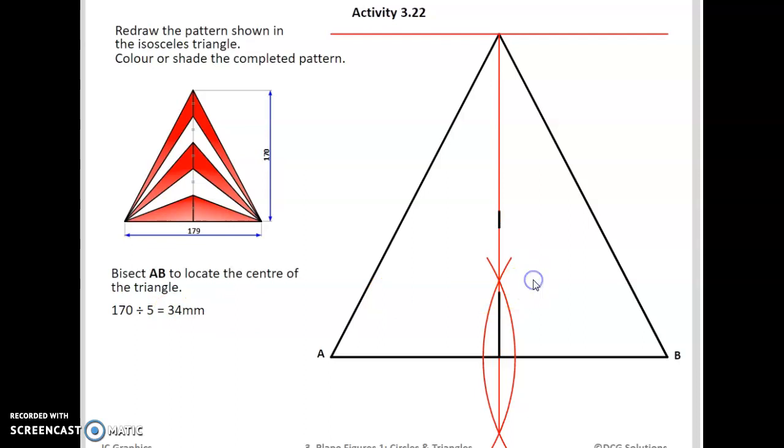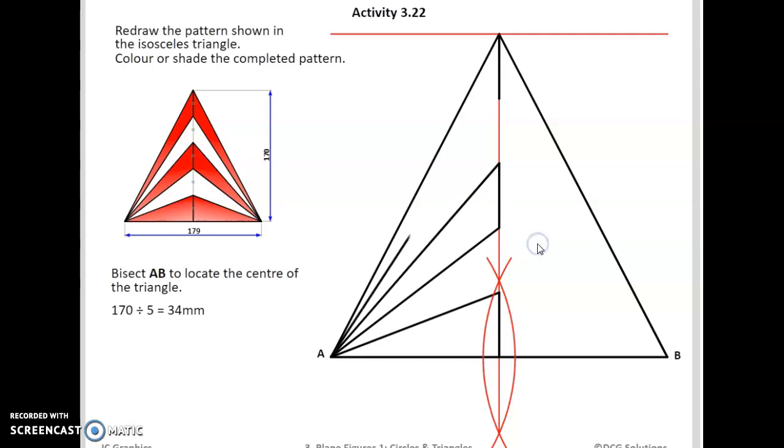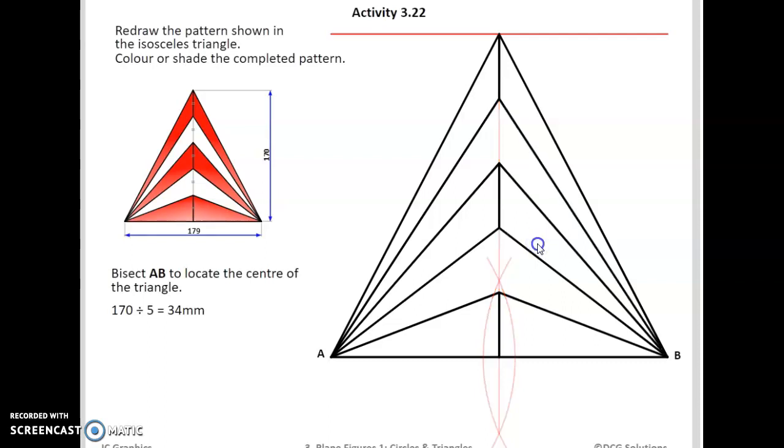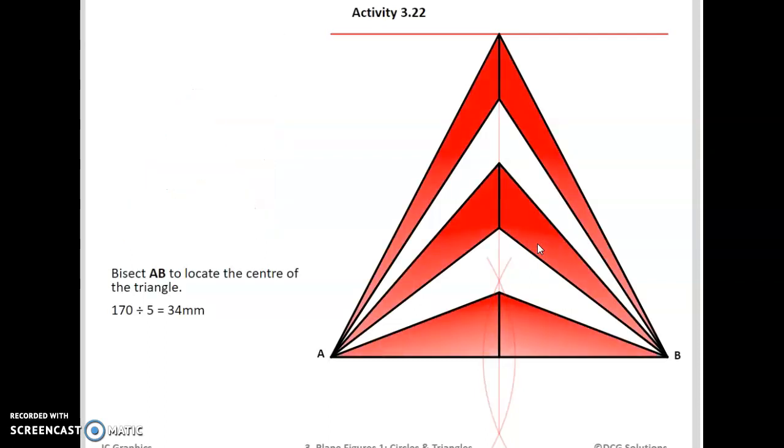So we mark up 34: 34 here, 34 there, 34 of a gap, 34 at the top, and bring the lines up from the left, and bring the lines up from the right hand side, like so, and we'll shade it in, and that is our exercise. Perfect. Okay, so let's go on to the next one.